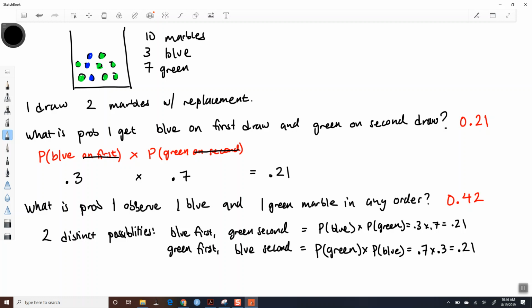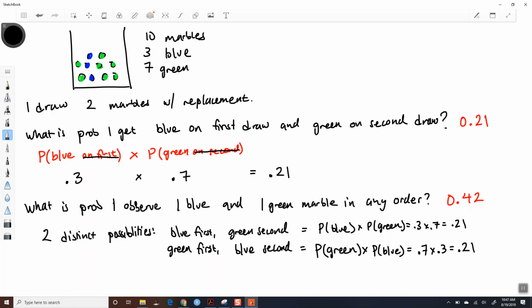Not that they're independent, but we had another term. They are mutually exclusive. Do you guys remember that? What does it mean for events to be mutually exclusive? It means that there's no overlap between these two outcomes. In one outcome, we got blue first and green second, and that could not have happened at the same time as getting green first and blue second. So those are two distinct possibilities with no overlap, and I can just add those two together.